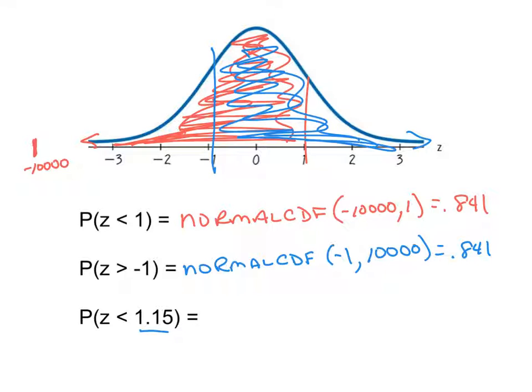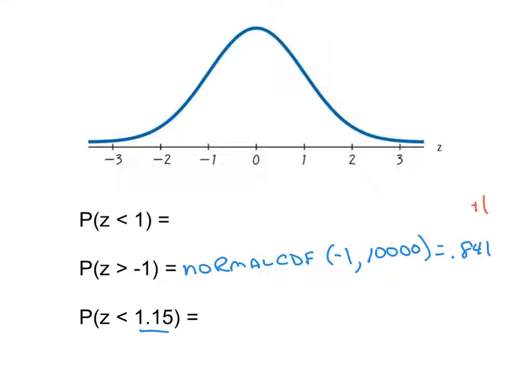If I have a decimal, it doesn't matter. All I need to know is left or right. So if I clean up some of this, just so I could look at it. Sorry, I cleaned up too much. If I want to talk about 1.15, that's somewhere in there. I don't know where.